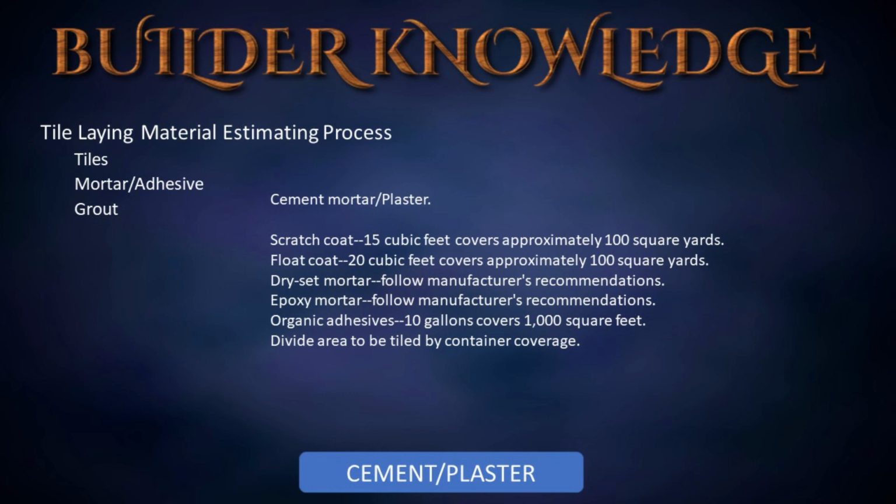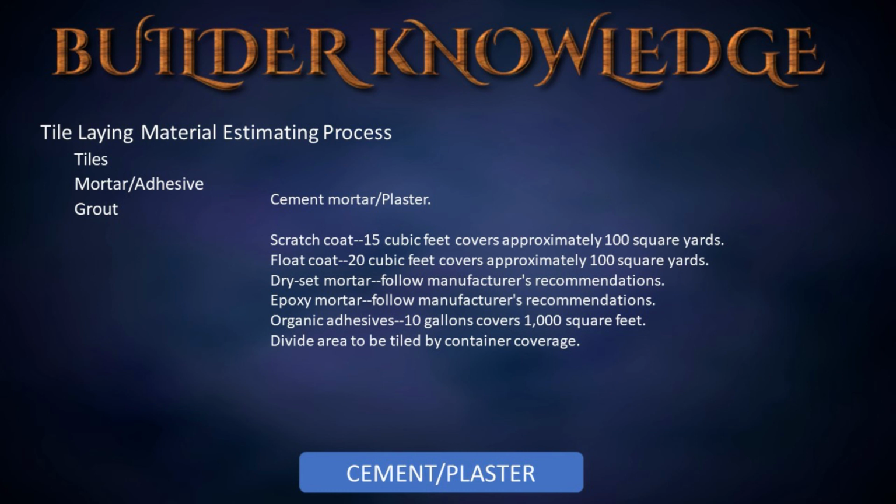Now we go on to mortar adhesive. Determine the type of mortar or adhesive you will be using. For cement mortar, plaster. The scratch coat based on a 3/4 inch base. 15 cubic feet covers approximately 100 square yards.